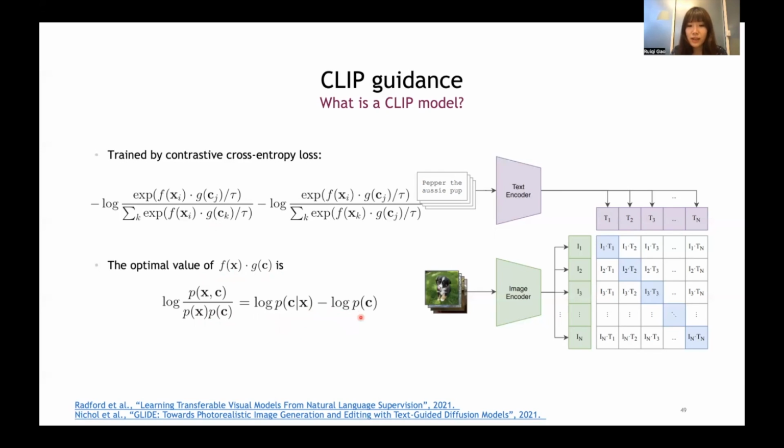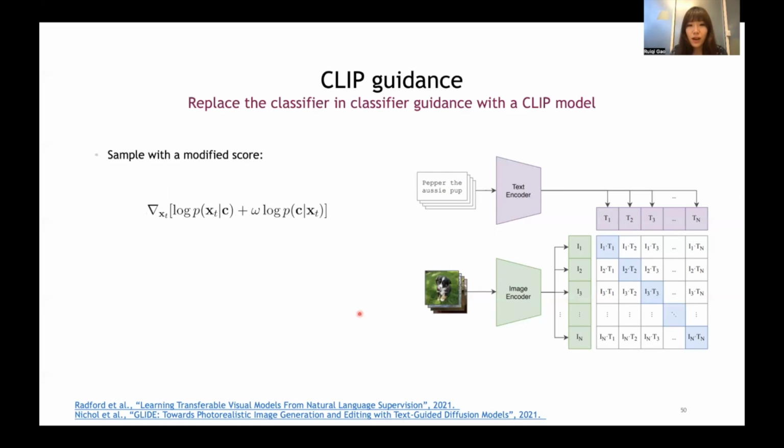Given this conclusion, we will be able to use this CLIP model as the classifier in the classifier guidance in the following sense. Recall that for the classifier guidance, we want to modify the score in this formulation. We can consider augmenting the second term by a minus log p(c) term, because when we take the gradient over x, this part just disappears.